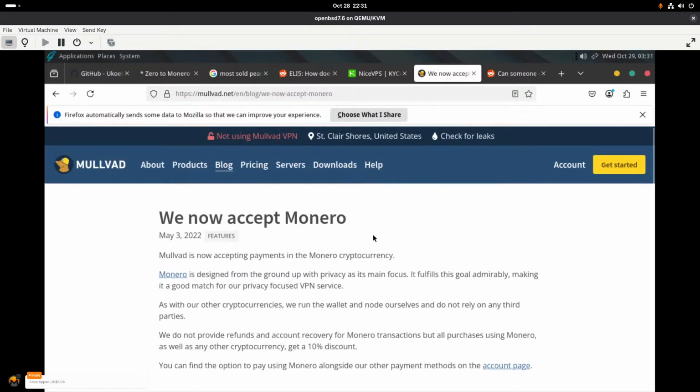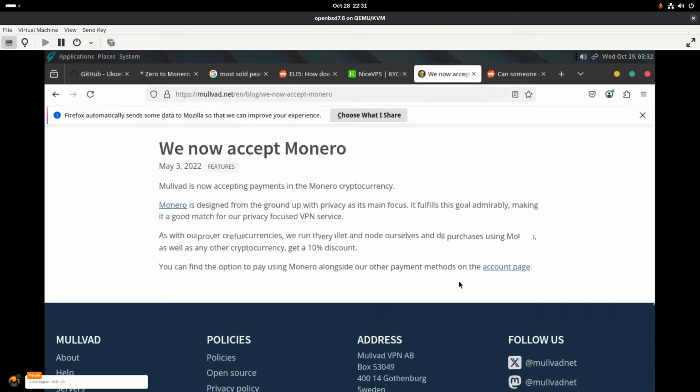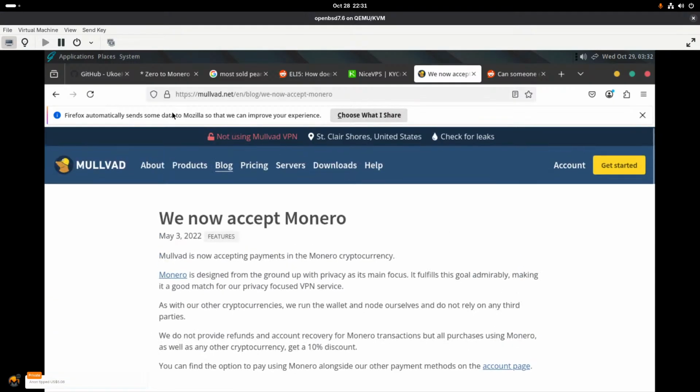So I'm assuming, because they run the wallets and they run the nodes, they probably just hand their view key to, like, hey, we received. I don't know. That'd be a good question to maybe ask them. I'm just making an assumption.